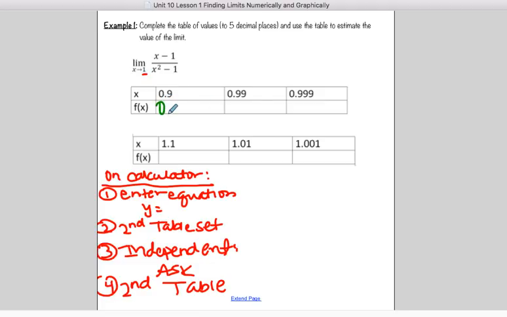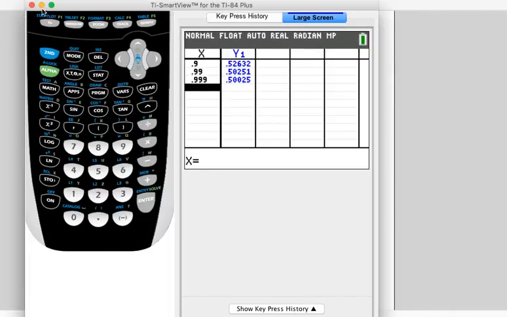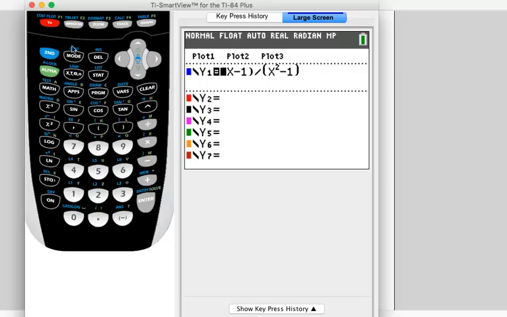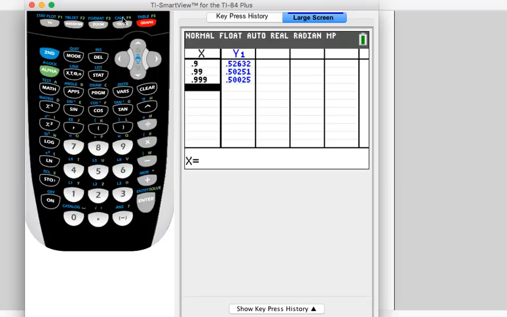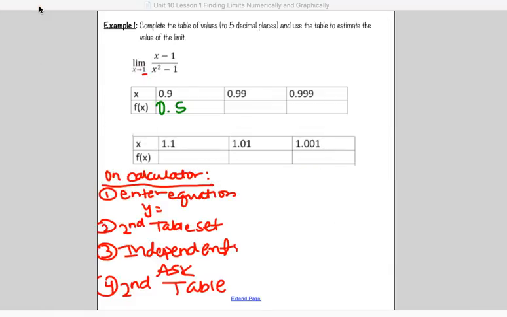We had 0.5, I hope I copied this down right, 5.2, 5.2632. And then at 0.99, I think I had 0.5051. And then we had 0.50024. Sorry, 25.